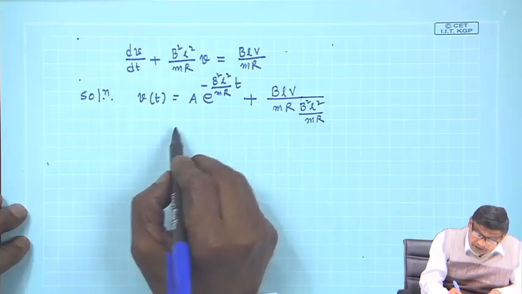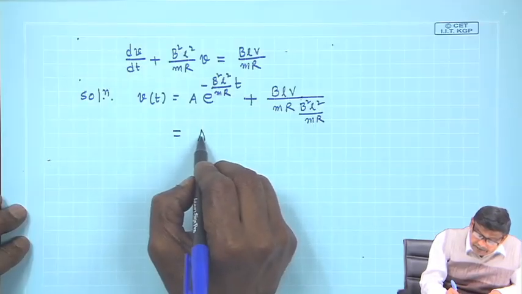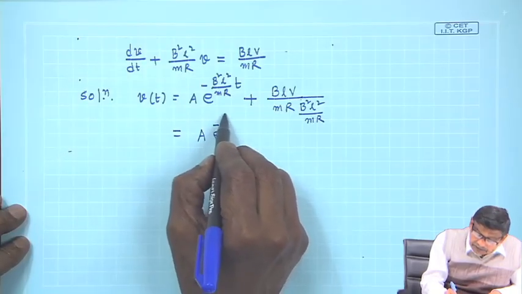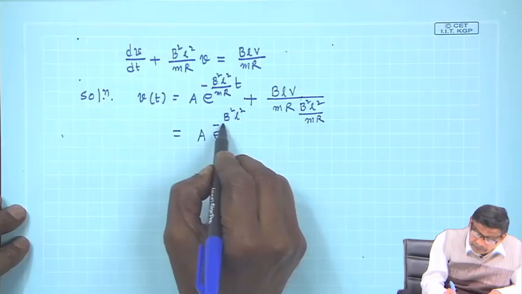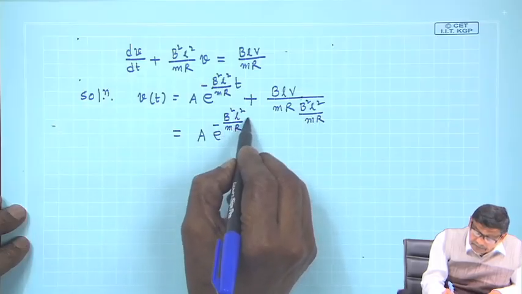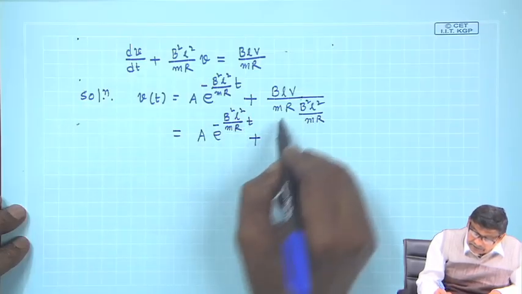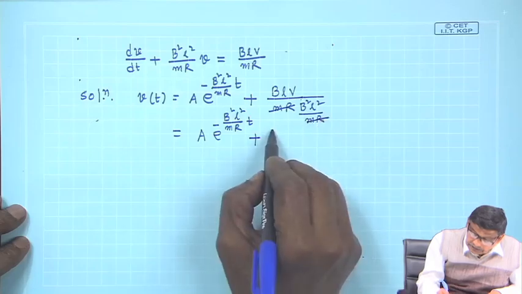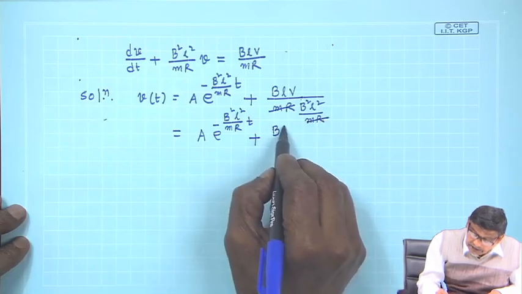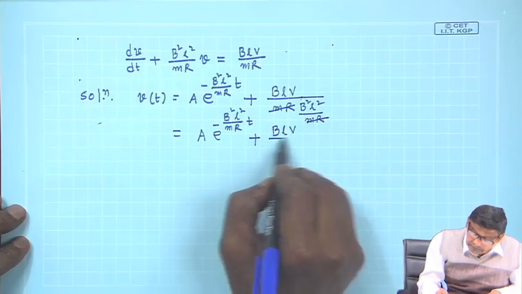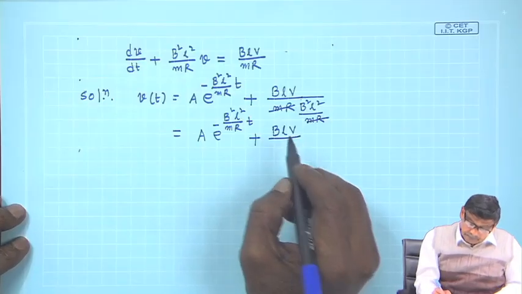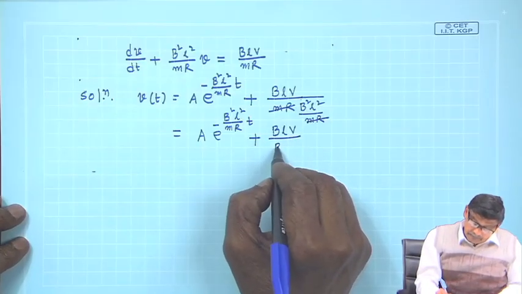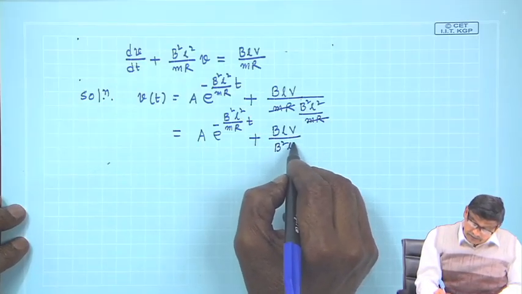So, this will be equal to A into e to the power minus b square L square by m r into t plus, this m r goes, b L V by b square L square.